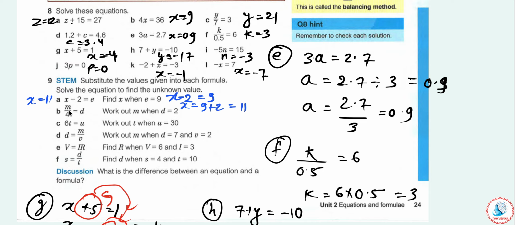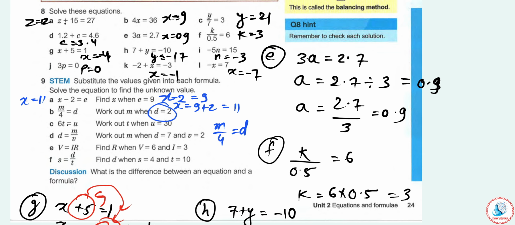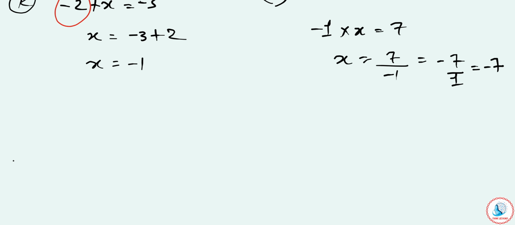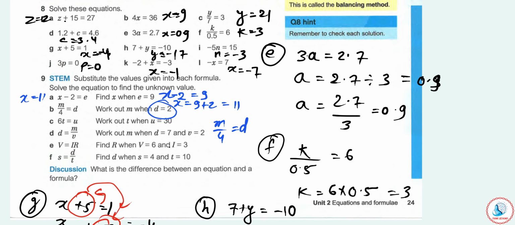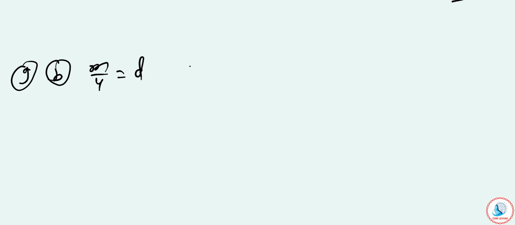Now question number B. M over 4 is equals to D, and the value of D is 2. Let me erase. Wait. Question number 9b. M over 4 is equals to D, and the value of D is 2.